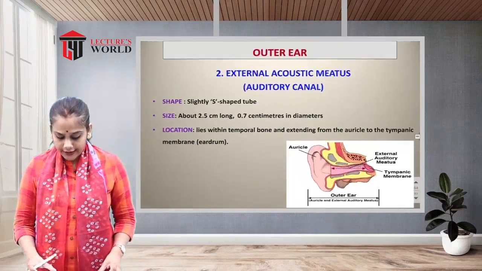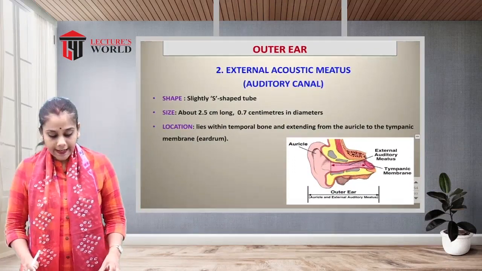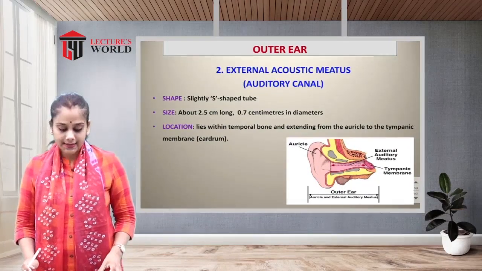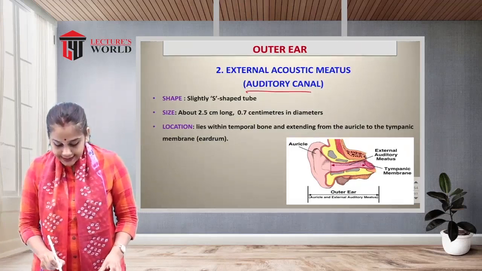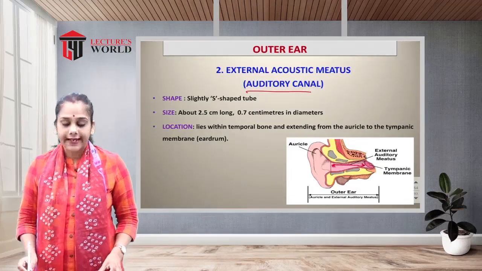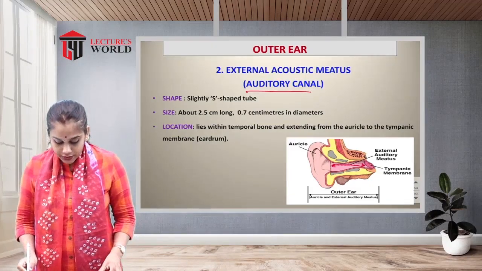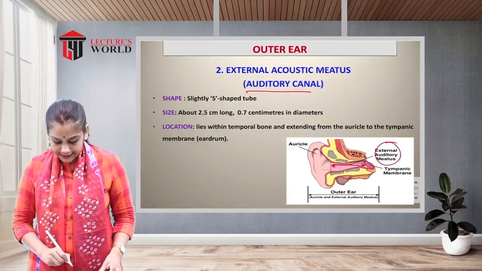Now in the outer ear, the second part is the external acoustic meatus, or we can say auditory canal. You can see it in the figure. This is the external auditory meatus.